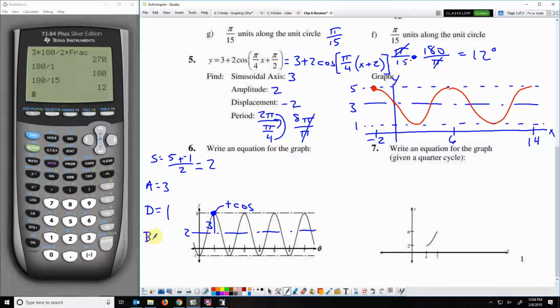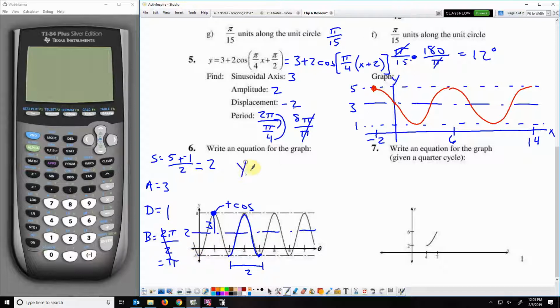And then I need b, which is 2 pi over the period. Okay, a period is the horizontal distance of 1 cycle. So I just highlighted a cycle here. From 2 to 4 is 2 units, 2 radians. So b is pi.